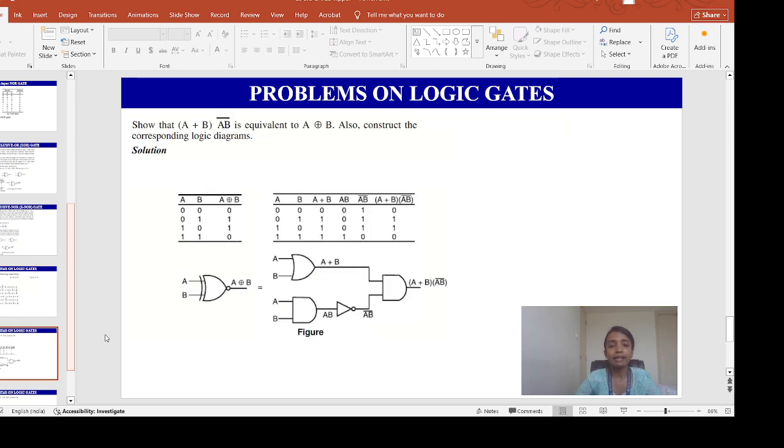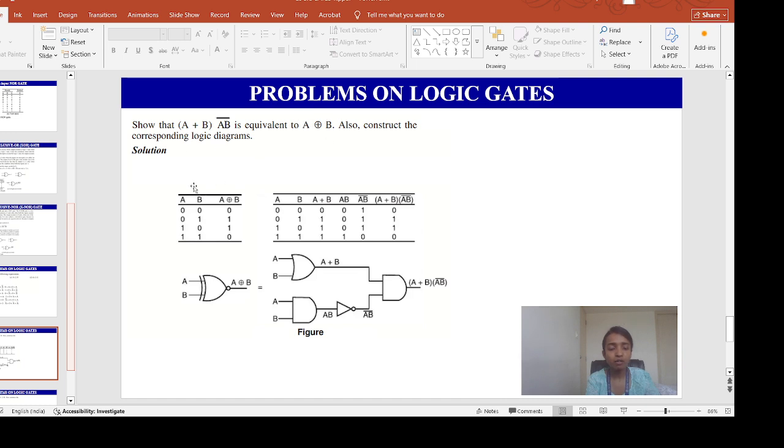Okay. Now, let's consider one example. Show that (A plus B) into (AB) whole bar is equivalent to A XOR B. Okay, and we have to construct the corresponding logic diagrams also.